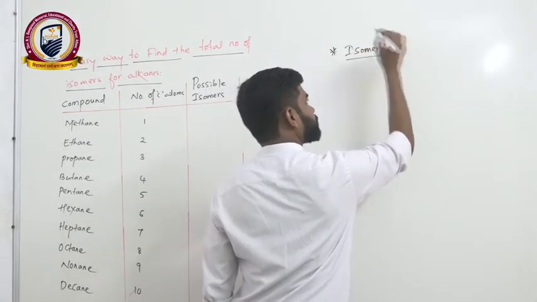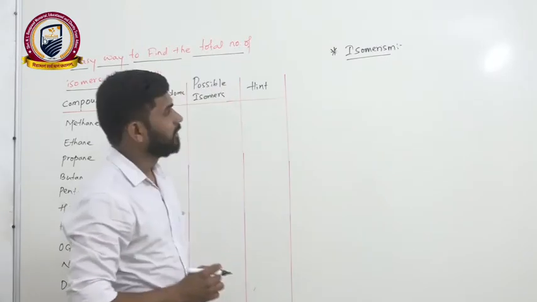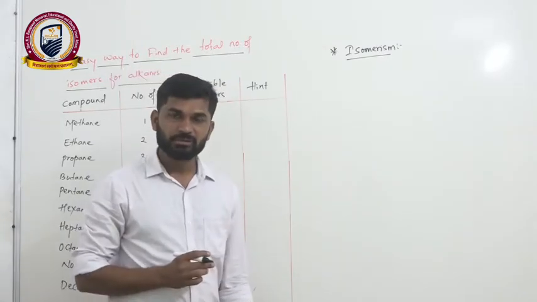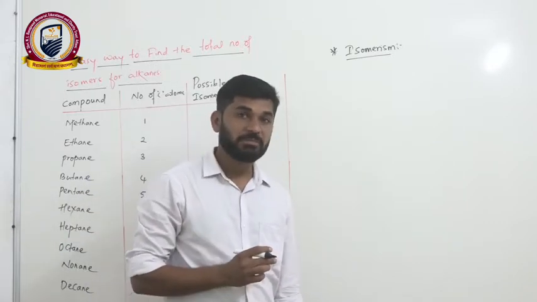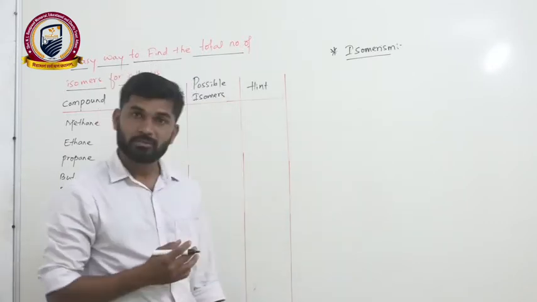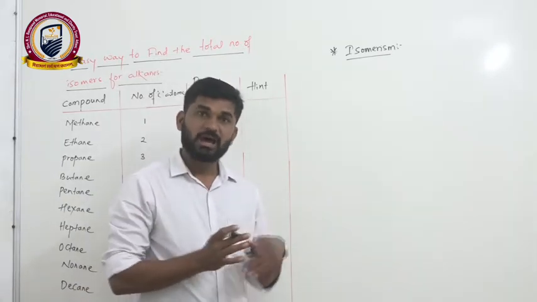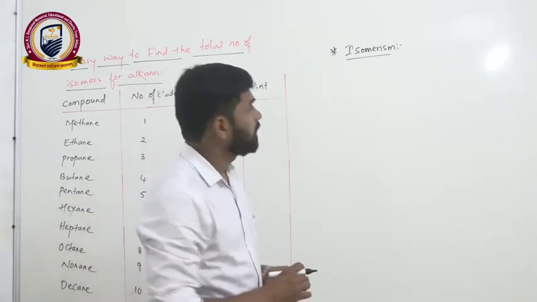So what do you mean by isomerism? The compounds which have the same molecular formula but differ in their physical and chemical properties, such compounds are called isomers, and the phenomenon is called isomerism.